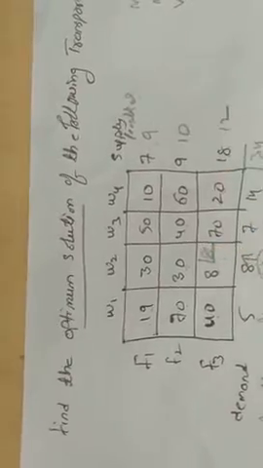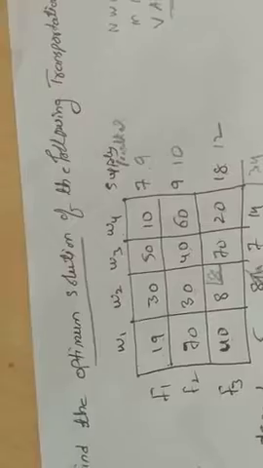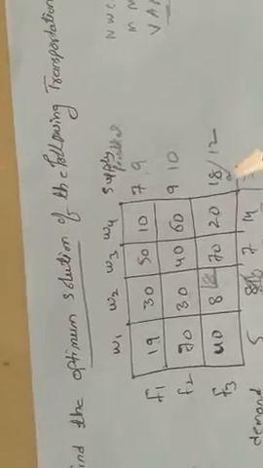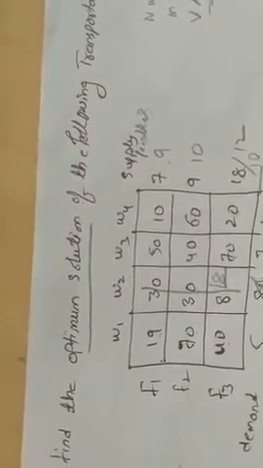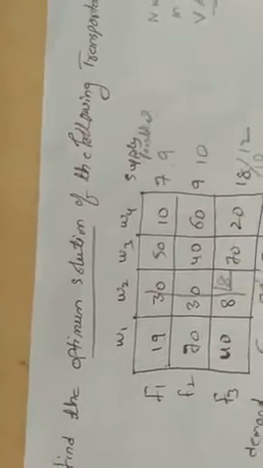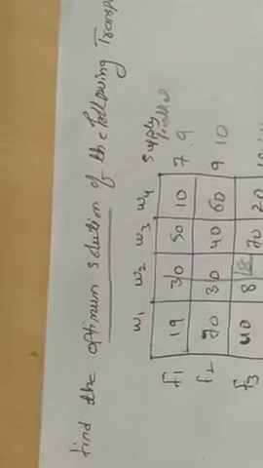That's why I am assigning 8 here. I subtract 8 minus 8, which gives 0, and 18 minus 8 gives 10. So I am eliminating the W2 column. The next step is to identify the penalties again, ignoring the W2 column.